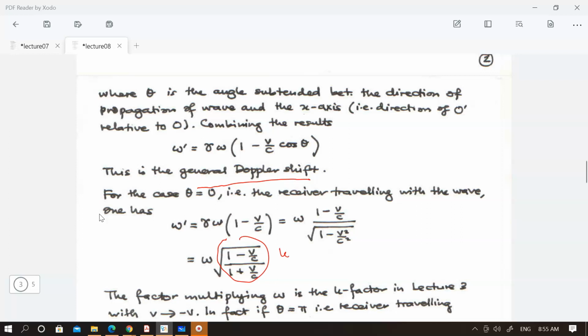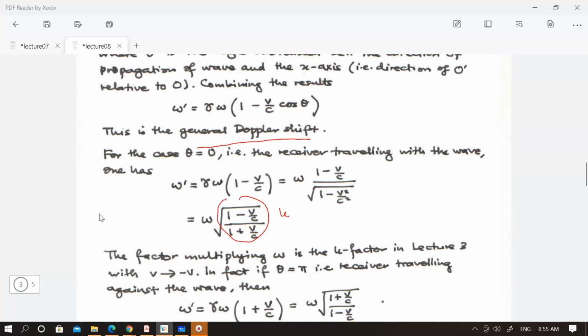The one that we saw before probably swaps the plus and minus sign, since you're looking at a direction of opposite sense. If theta equals pi, the frame is moving against the wave, in the opposite sense, and you get the k factor that you have seen before.